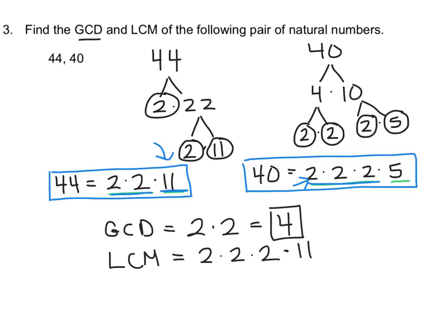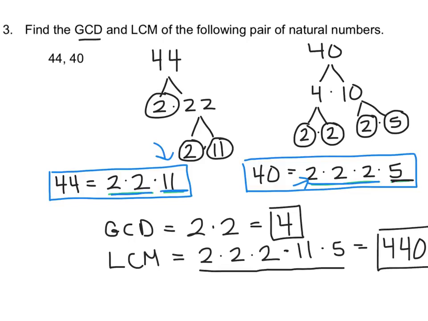So I already wrote down my 2's, so I'm going to go to the next factor, which is a 5. And the greatest number of times 5 occurs in either number is 1 time. So I'll write down a 5. Now the LCM is found by multiplying 2 times 2 times 2 times 11 times 5. When I multiply all of those numbers together, I get 440. So the LCM is 440.